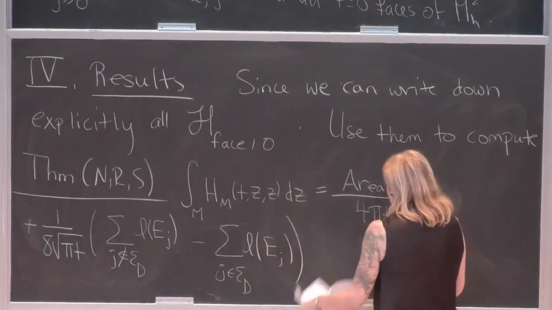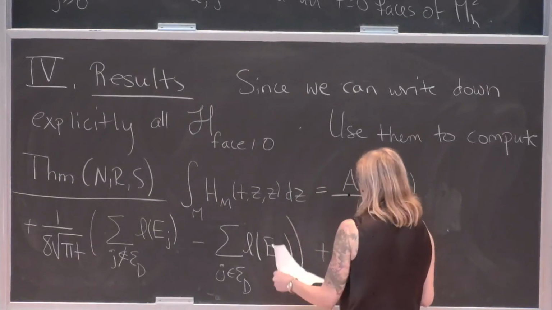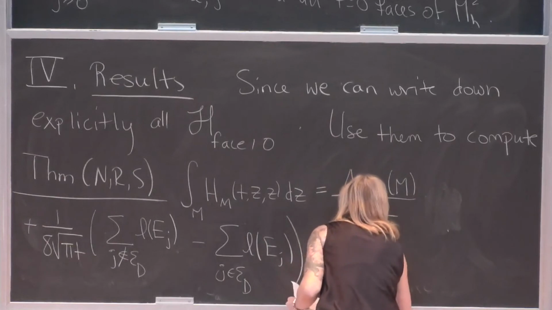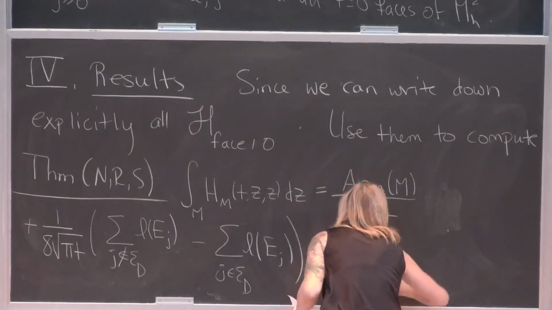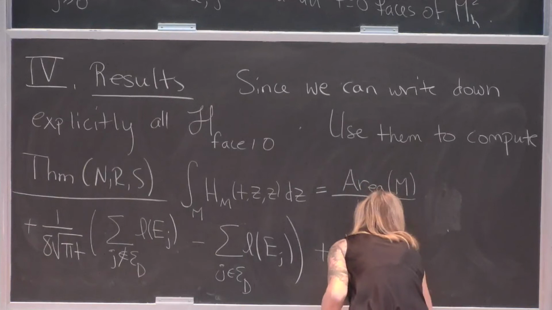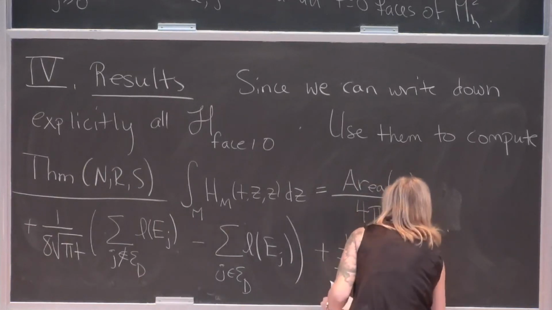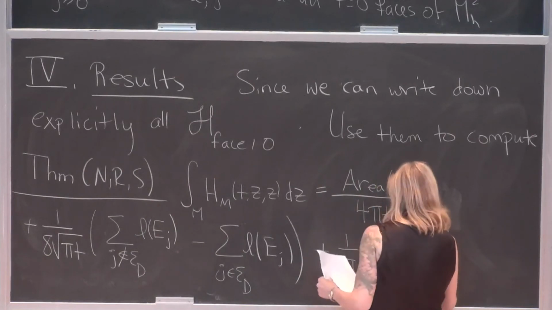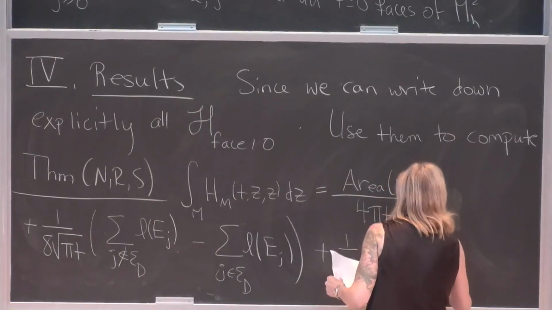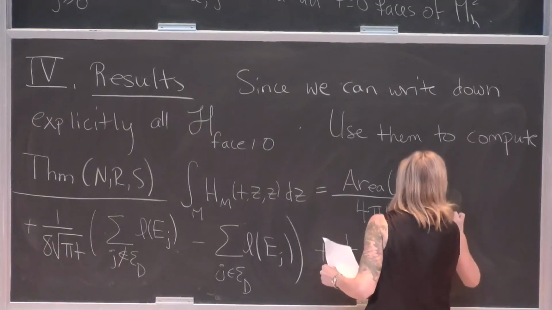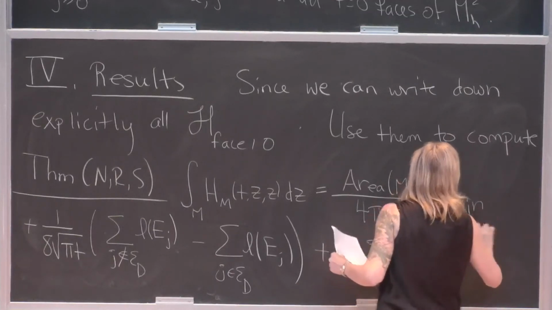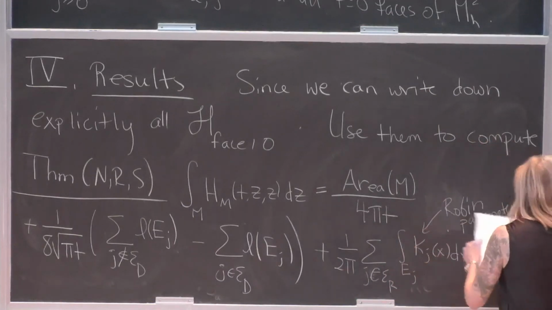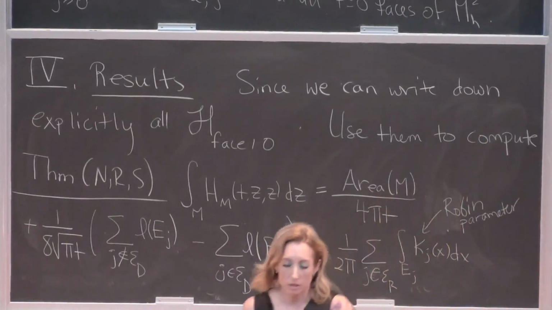And then I'm going to have plus 1 over 2 pi, the sum over the Robin boundary conditions, the integral over that edge of the Robin parameter, and it continues.